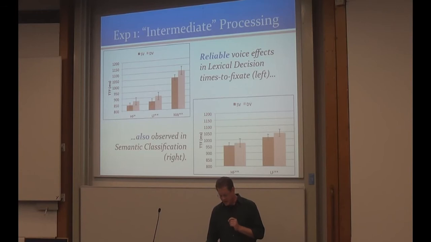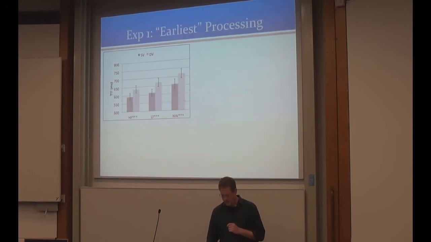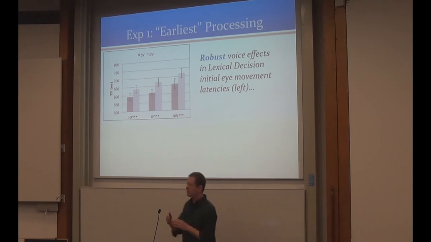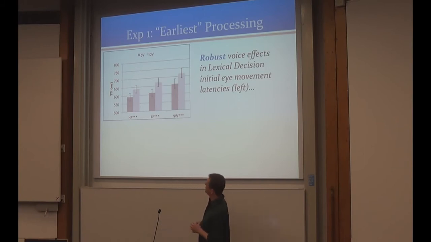But what's really interesting, and most important to me, is that in our earliest measure, we see it as well. This is time to initiate saccades. And as I mentioned, the average length of the word is actually 686 milliseconds, so just shy of 700. You can see that people are almost always heading off to the right or the left before the word is even finished.